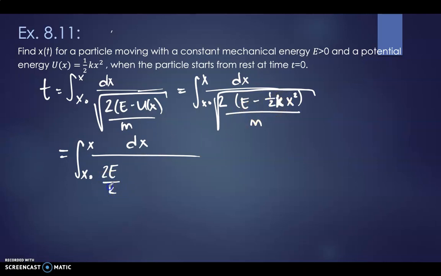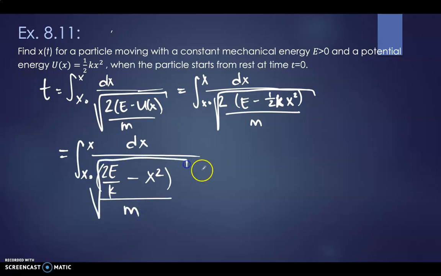So I'll have k minus x squared, and then over m, inside of a square root. So from here, you will need to use some kind of special integral form to solve this, and so we'll do that in the next video.